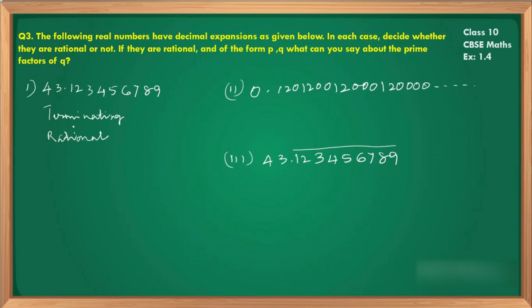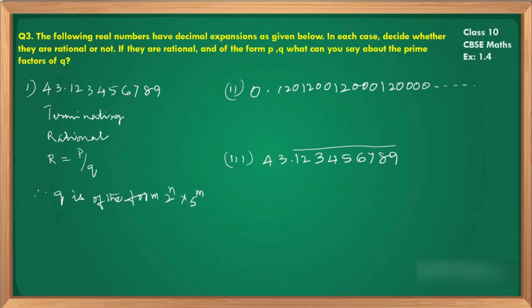Now when it is terminating and rational, it has to follow R equals P by Q. It is a terminating rational number because Q is in the form of 2 to the power n and 5 to the power m. Only then can it have a terminating decimal expansion. Let us write down: Q is of the form 2 to the power n and 5 to the power m.